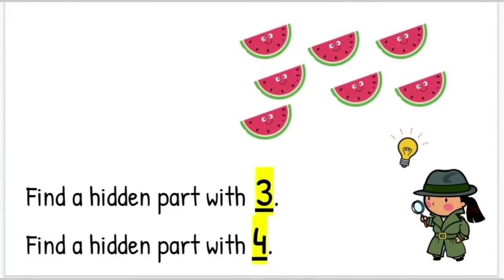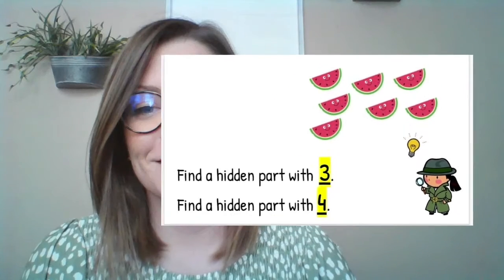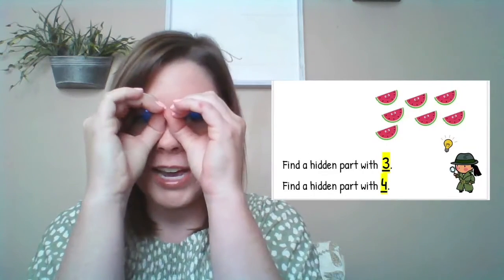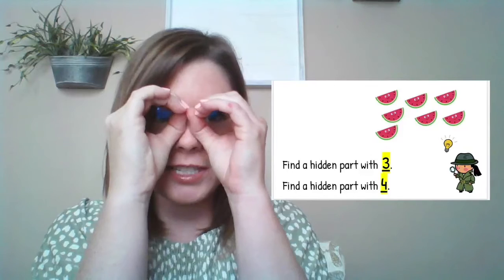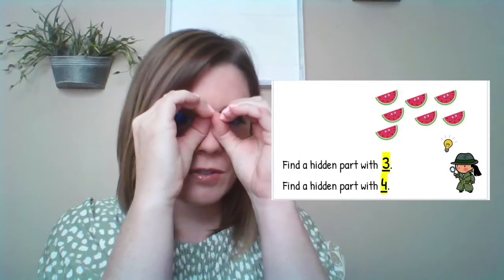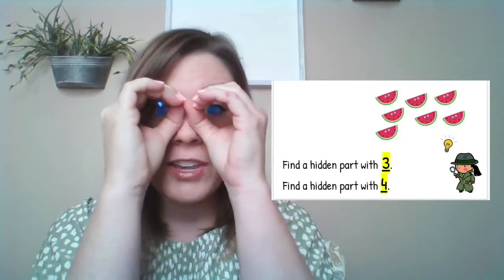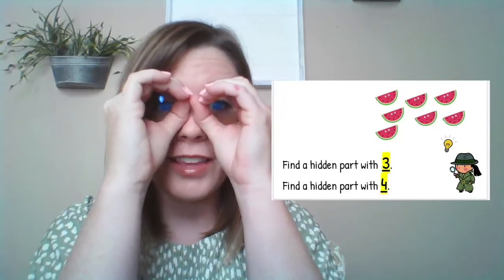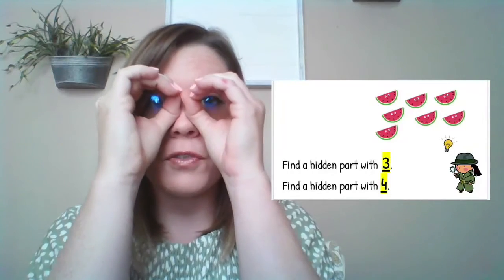Okay, now, again, I want you to use your spy eyes, your detective eyes, and I want you to see with this picture of these watermelon slices, can you find a hidden part of 3 and a hidden part of 4?